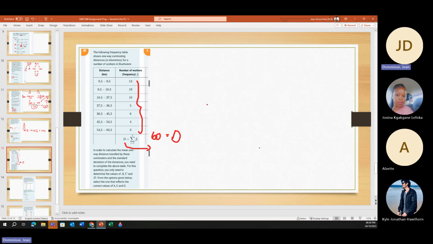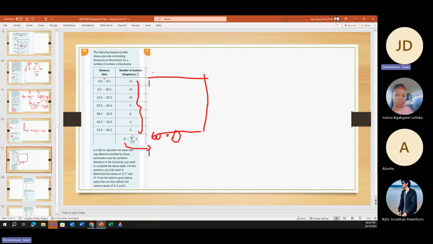Then I assume what will be on here still is that you need to work out the mean. So what you will then need to do is to use that midpoint.